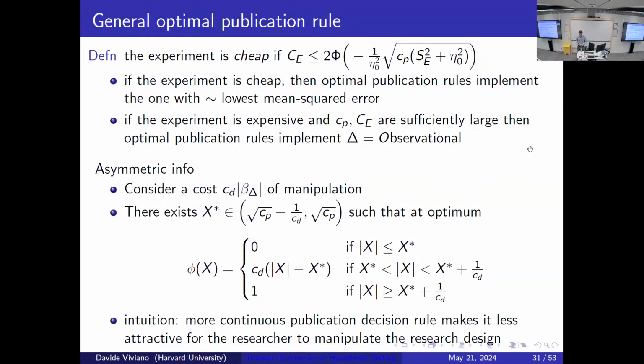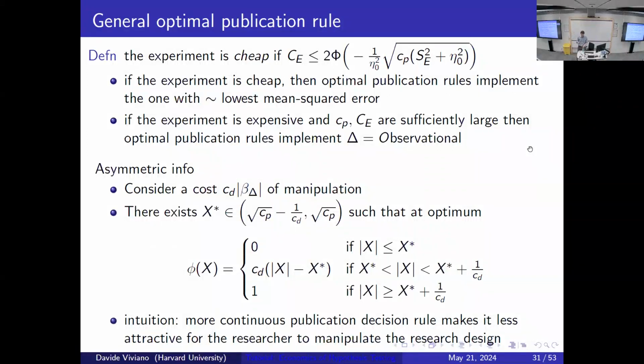I'm not sure if I follow this. So how does the randomization help me disincentivize manipulation here? I'm not really disincentivizing manipulation. What's happening is that the researcher does observe X, but I don't observe X. So for me, X is noisy. For me, the journal, the editor. Yeah.